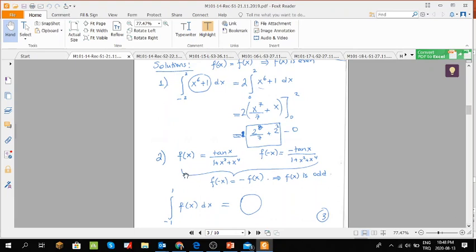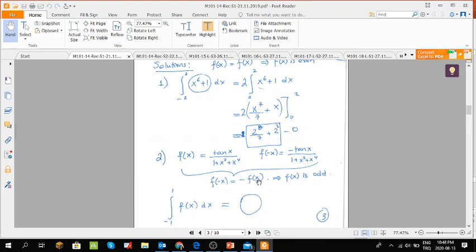How about f of x in the second example? Let's look at f of x and f of negative x. For f of negative x, since tangent x is an odd function, tangent of negative x is negative tangent x. And nothing changes in the denominator because of the squared and fourth power. You will see that f of negative x is negative f of x.